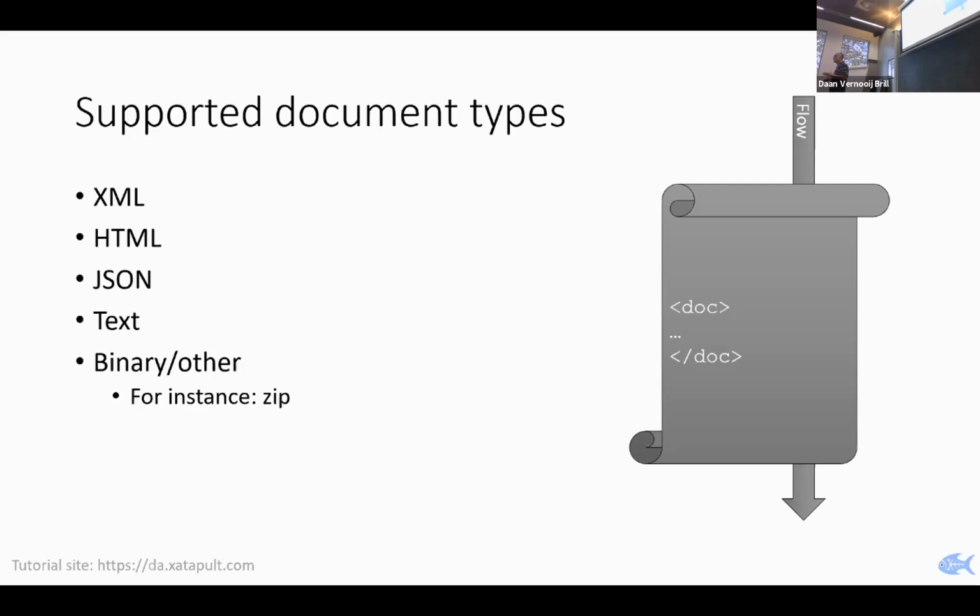Then there's JSON. Working with JSON in an XProc pipeline is very well supported. JSON goes through a pipeline as a data structure. If you put a JSON document through your pipeline, it runs through it as a map or an array or whatever the JSON is. And then you can query this data structure in your pipeline. You can change it, whatever. Then we have text. Well, text is just text, of course.